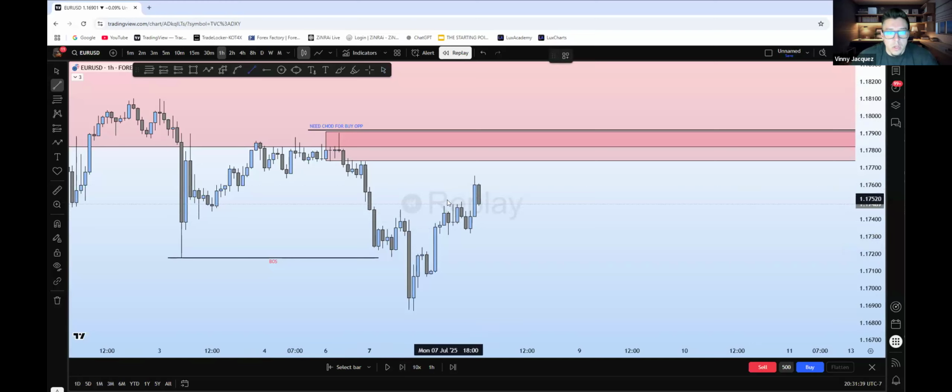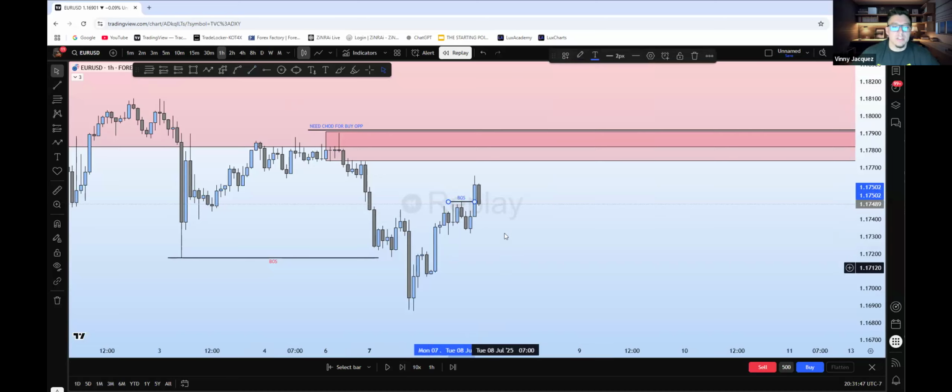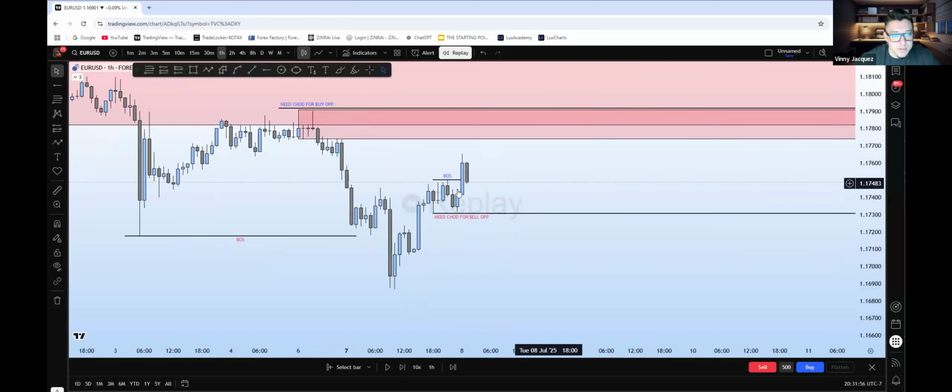Awesome. We got a break of structure here. Now you're good. My break of structure. So now look, this is my change of direction. Need change of direction for sell opportunities.